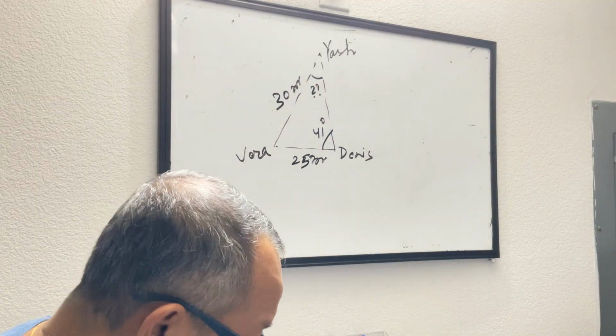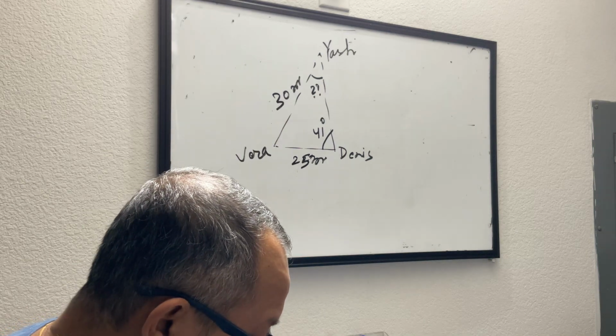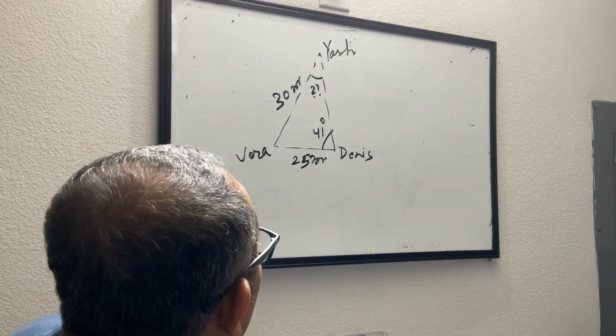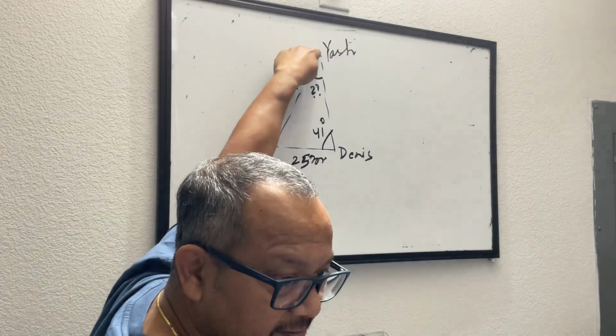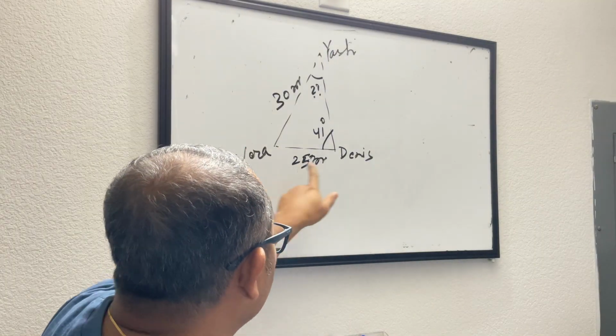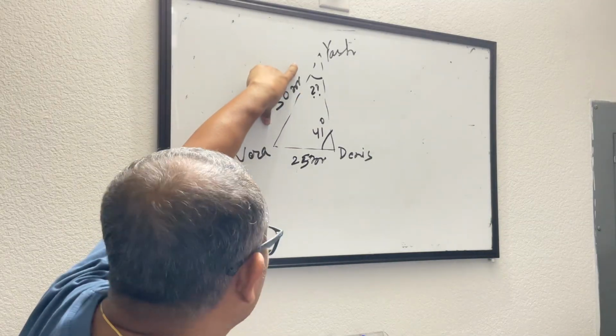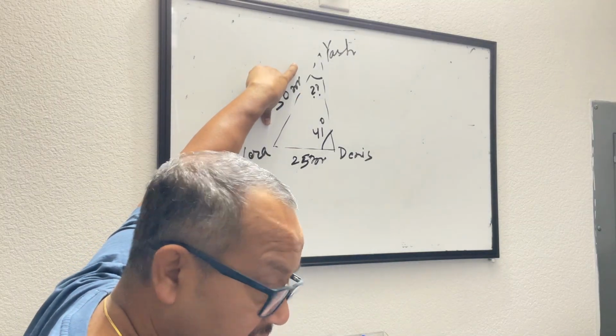It says, what is the minimum camera view angle Yash can use to see both Dennis and Veera? So Yash is at this point, he is having a camera and these two friends are sitting, he is 30 meters away from him. Veera is 30 meters away from him.